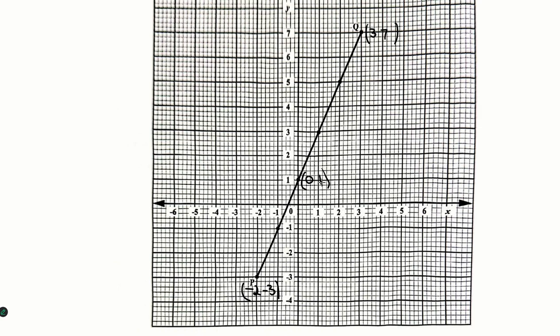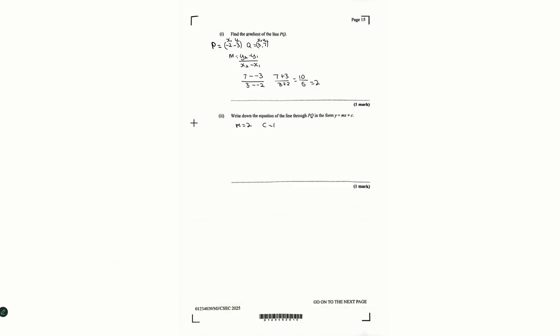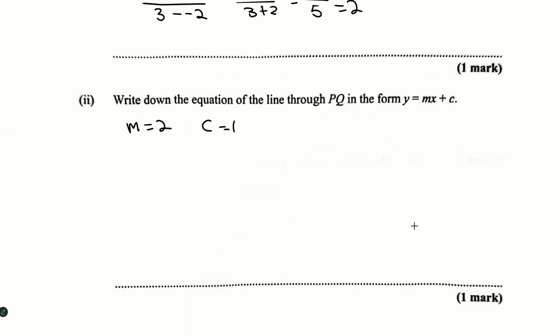So that's how I know it's 1. You can calculate it if you want, but if you understand it, it's just less working. Plus this is 1 mark, so it's more of an understanding than anything. So we would know y is equal to 2x plus 1, and that is the answer for this.